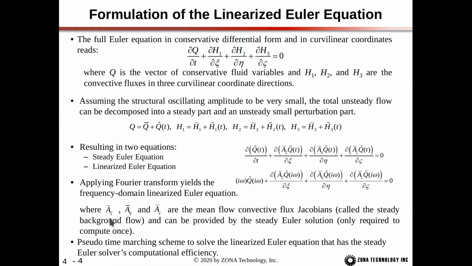Now, A bar c, A bar eta, and A bar sigma are the mean flow convective flux Jacobians called the steady background flow and can be provided by the steady Euler solution, which is only required to compute once. And then a pseudo time matching scheme to solve the linearized Euler equation that has the steady Euler solver's computational efficiency is the result.